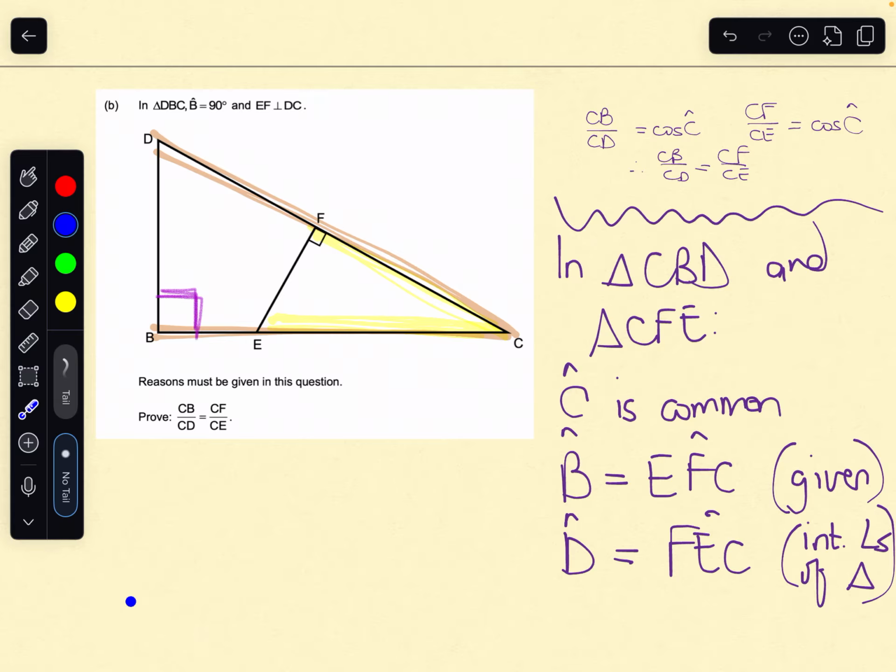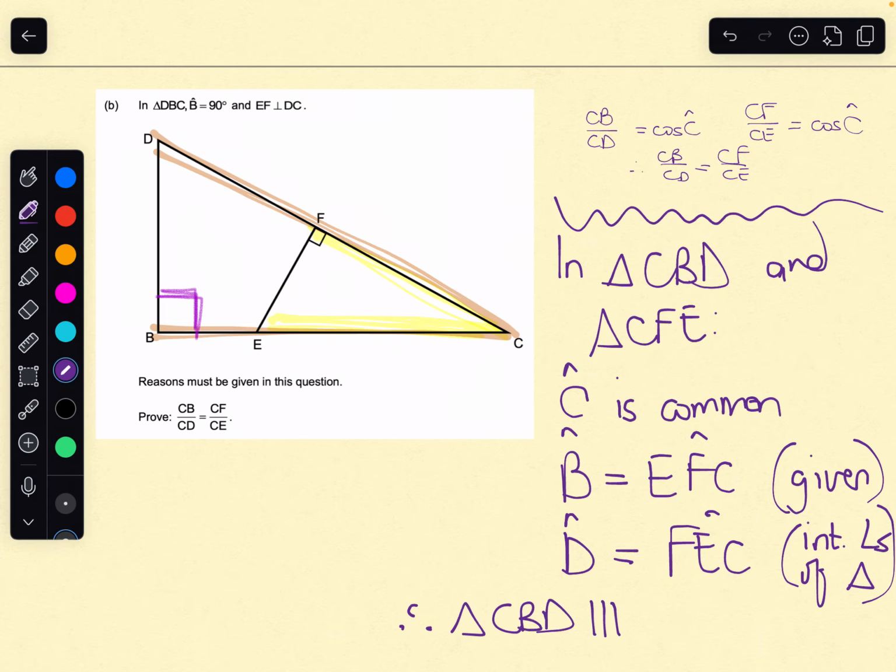So then from there we can make our statement that triangle CBD is similar to triangle CFE. Whoa, where is my triangle? Right, and that is because of AAA, angle, angle, angle.